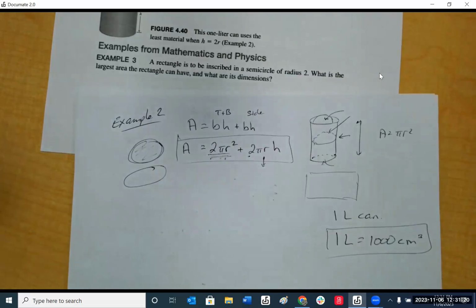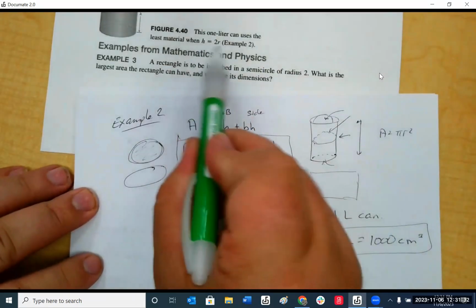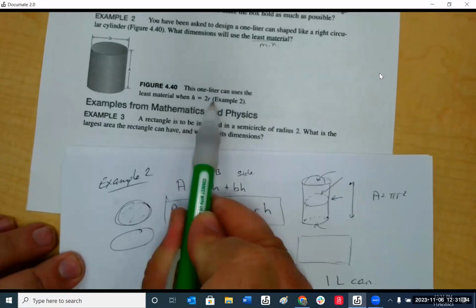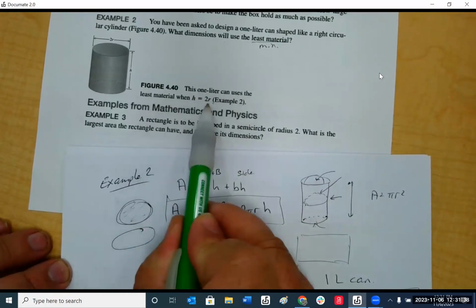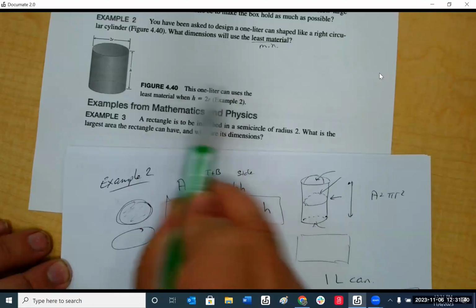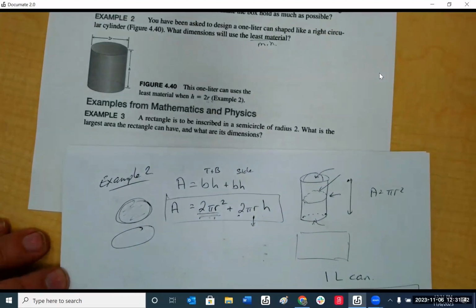Yeah, because it's got to be a 1 liter can because the volume dictates how big it's going to be. It also says that H equals 2R. We're gonna look at what this means later on. A 1 liter can uses the least amount when h equals 2r. So this is probably the answer. We'll see about getting there.